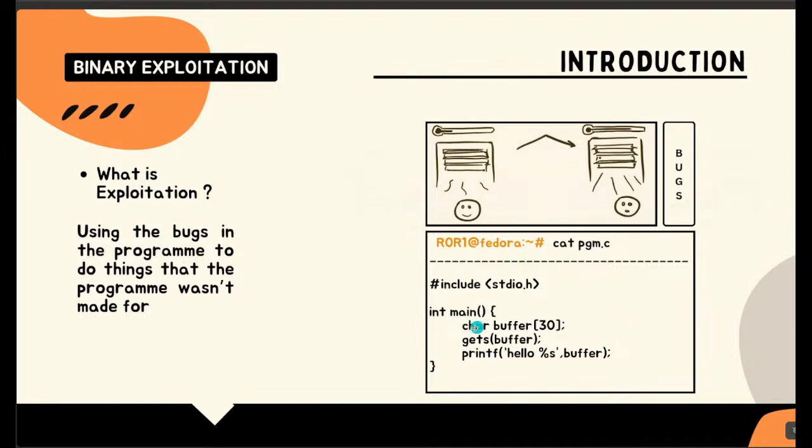Suppose we have a program like this, where you declare a buffer of size 30 and get data into the buffer. A buffer is just a storage space that you declare, and then you print the buffer with hello and a format specifier. So it will print hello and whatever you give into the buffer.